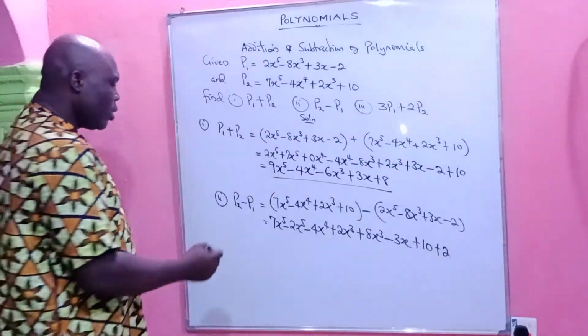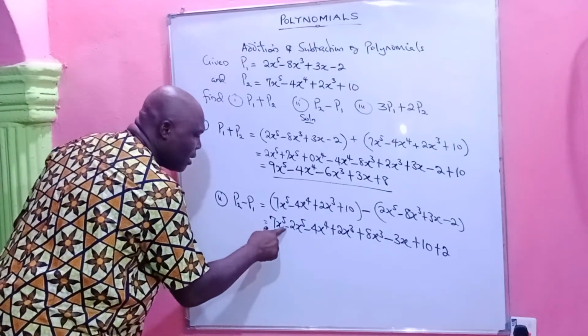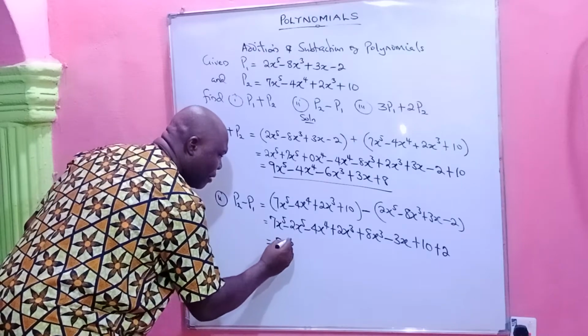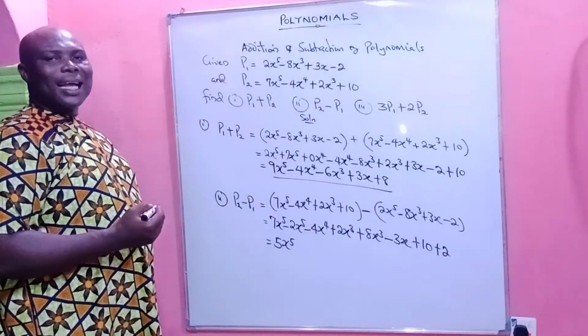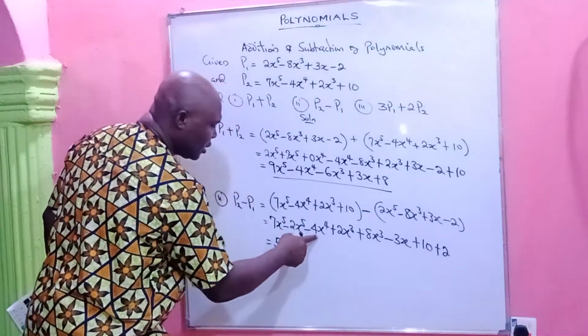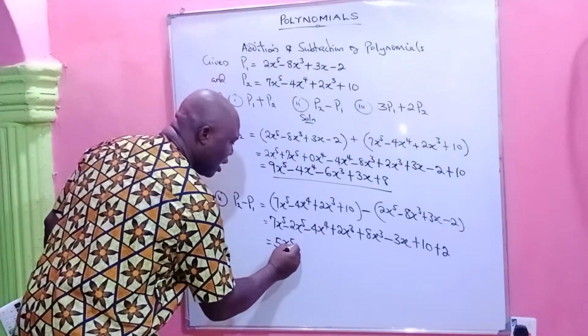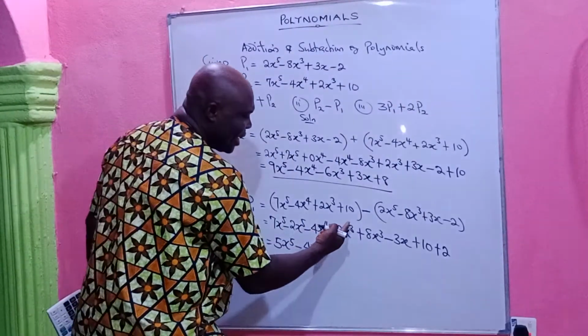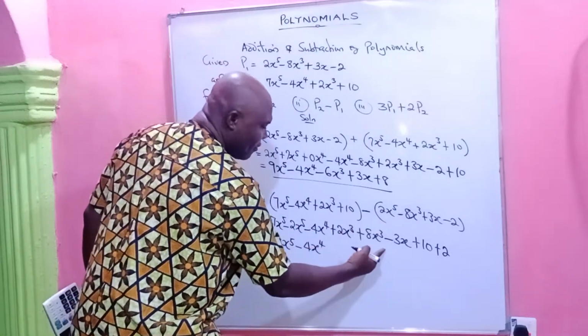So we are through. We simply now have 7 minus 2 will give us 5, then 5x raised to power 5. So we are subtracting only the coefficients. We come to this point. We only have x4 as one, so that will be minus 4x4. But we have x raised to power 3, 2 of these.